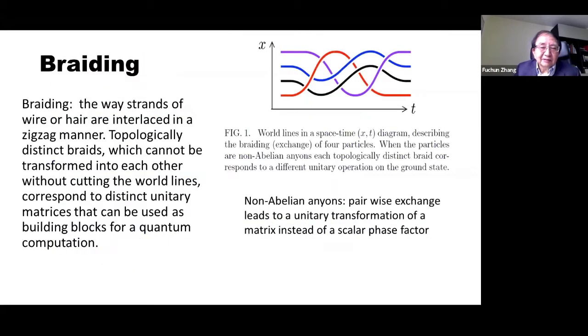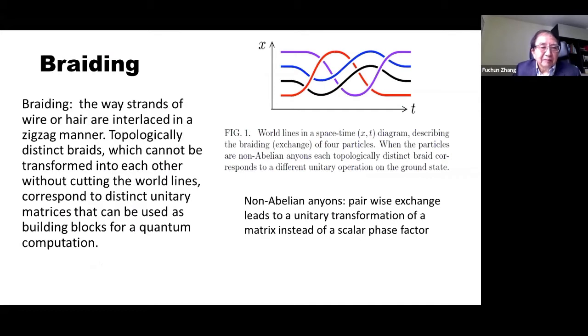Then you may ask why these Majorana zero modes are related to this topological quantum computing. And to that, I myself am not an expert on that, but I just give you some flavor of that. So that is related to the braiding.